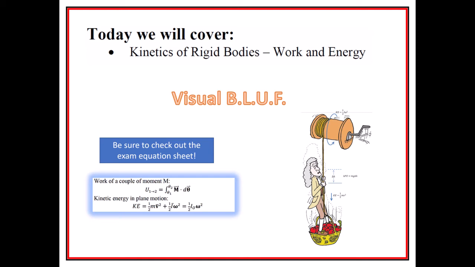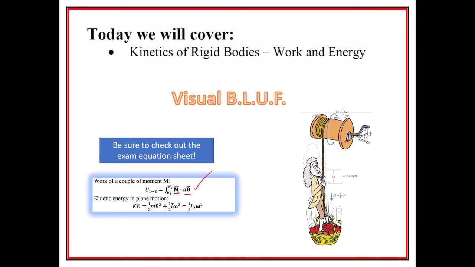One of the key differences is that we have a different type of work that can be placed onto a rigid body, which involves the moment times the angular displacement, where before we had force times a distance. Now we have moment times a displacement of the angle.